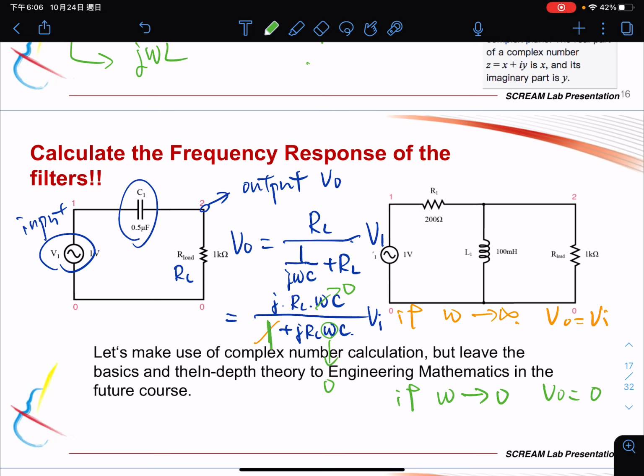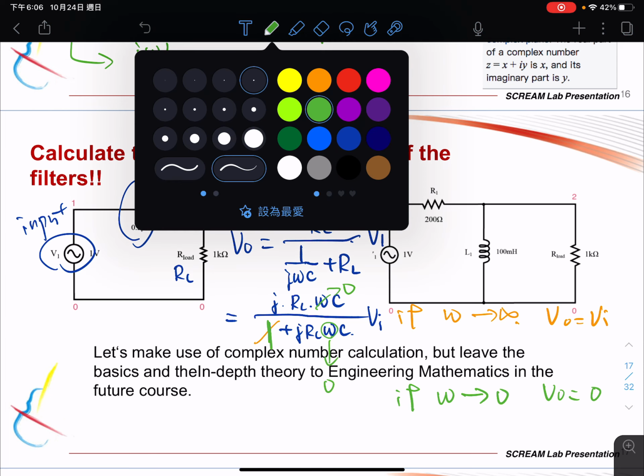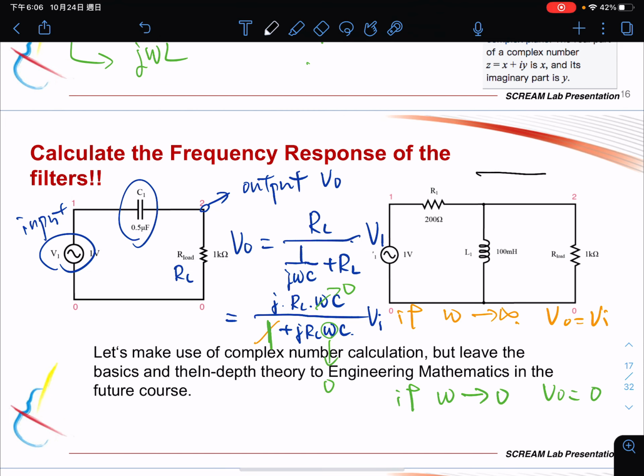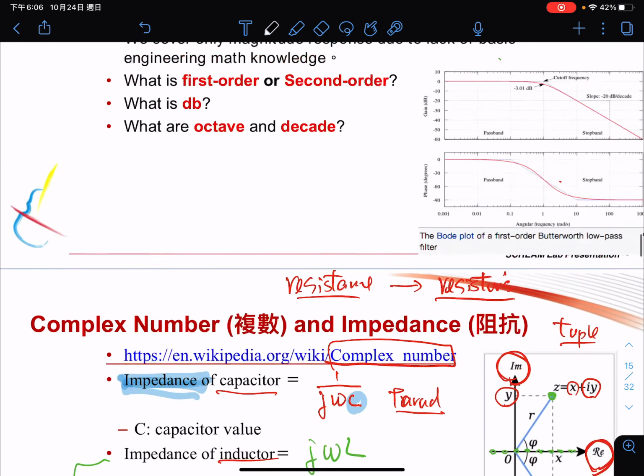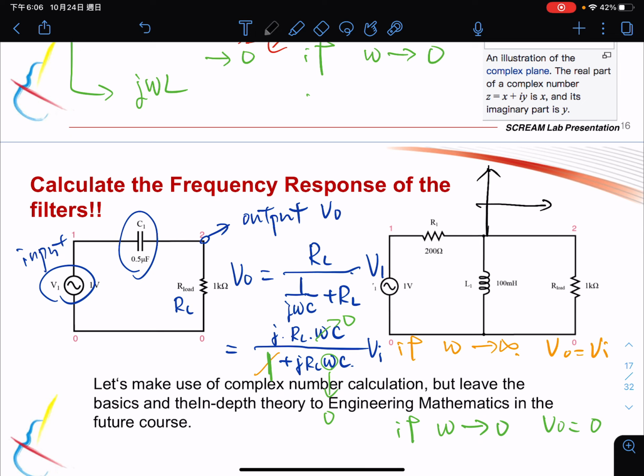So as we can see, the frequency response, as we stated before, what is the frequency response? This is the frequency response, where we talk about the magnitude only. So we see when frequency goes very big, it is V in.